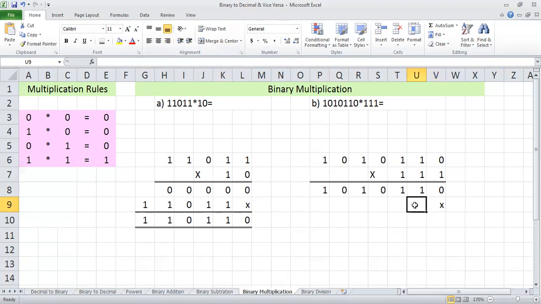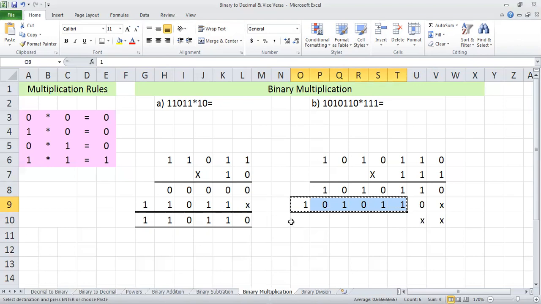And again write the same number: 0, 1, 1, 0, 1, 0, 1. Now put 2 cross signs this time. Again, I have to write the same number, so I'm just going to copy it and paste it.